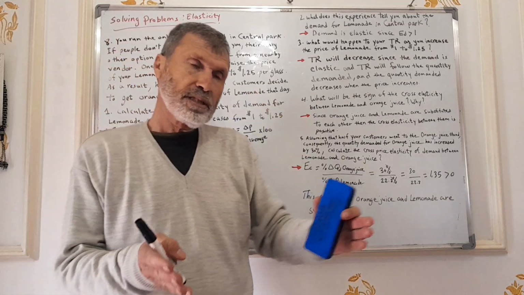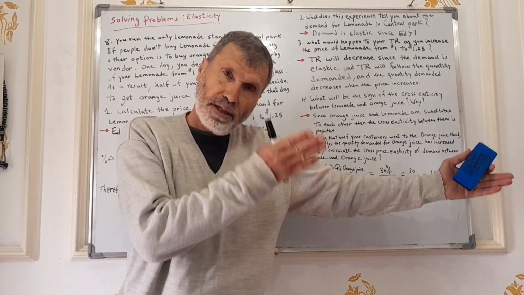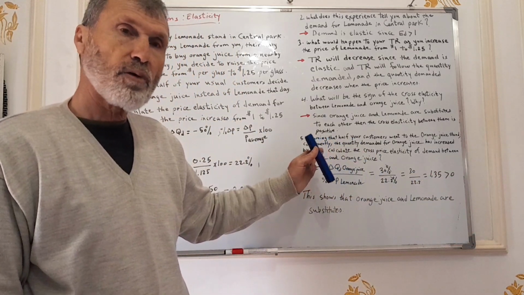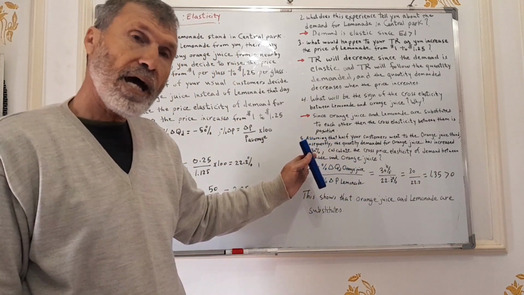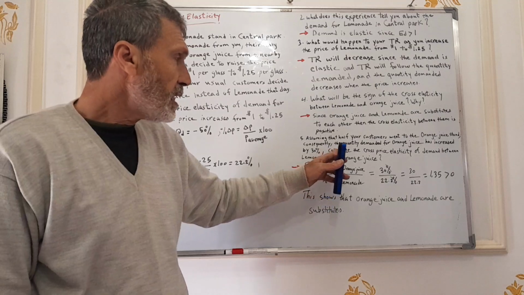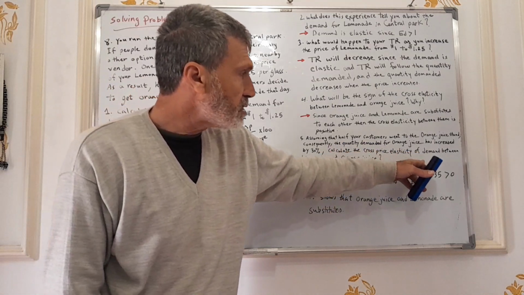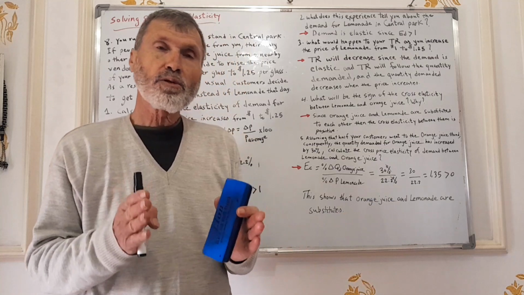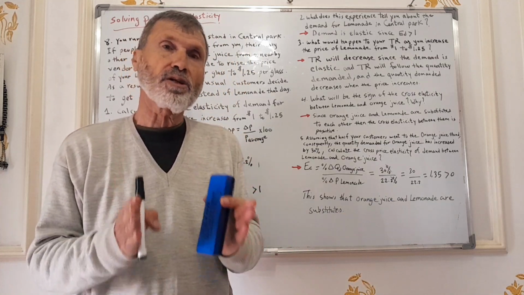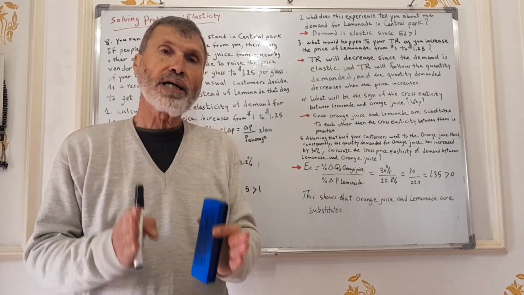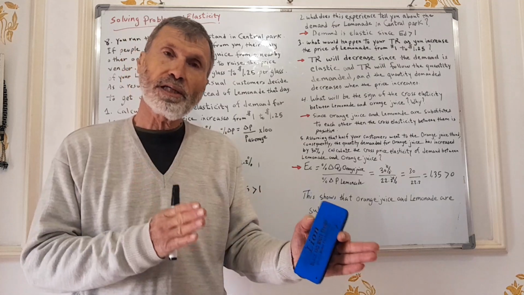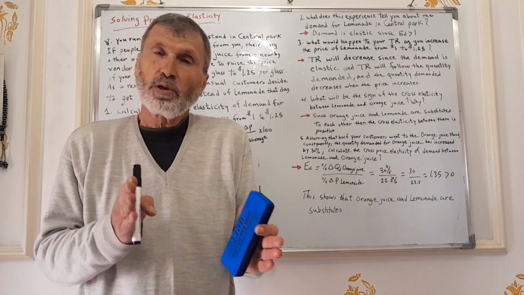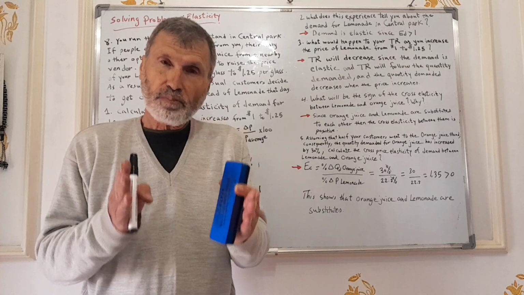Of course, the quantity demanded of lemonade has decreased by 50%, but now it is telling you that the quantity demanded of orange juice has increased by 30%. Calculate the cross price elasticity of demand between lemonade and orange juice. We know that they are substitutes, and we know that the coefficient is positive.